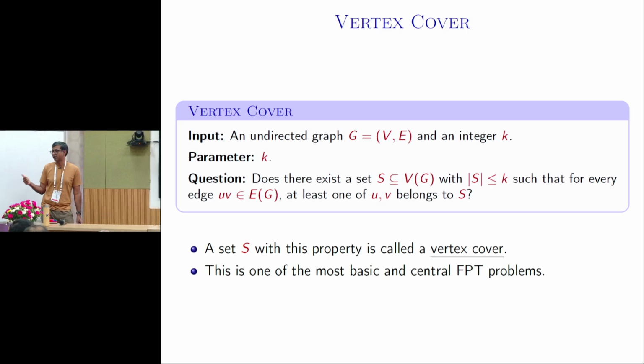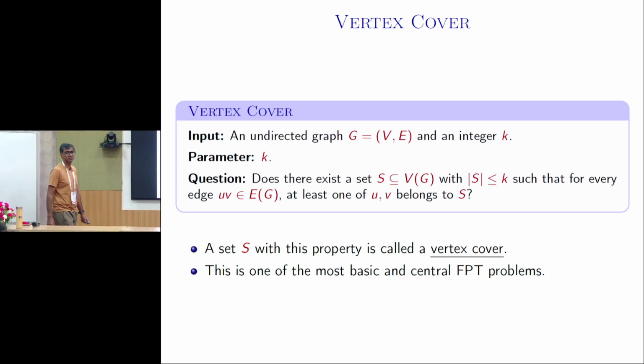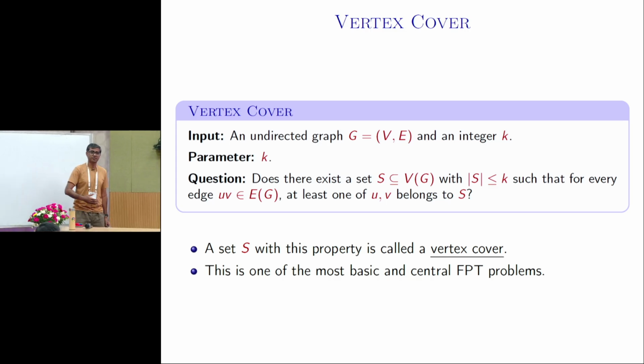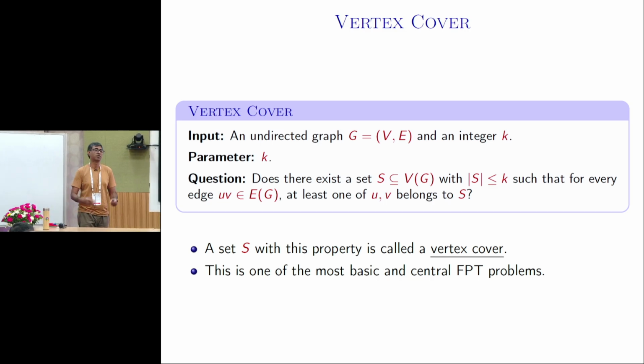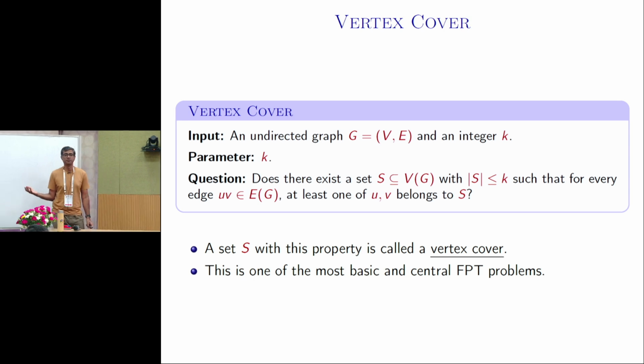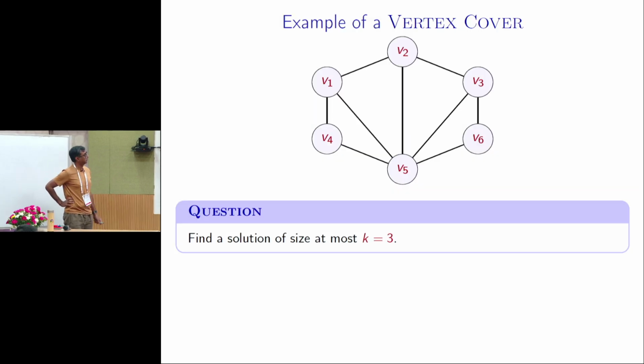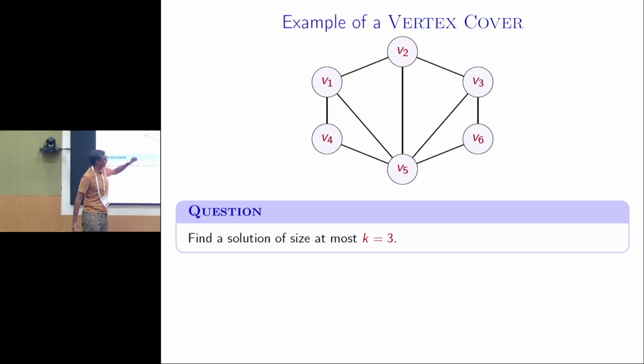You are given an undirected graph G and a natural number K, and you are asking: can I delete K vertices so that what is left is an independent set, or does not have any edge? Or in other words, I want to find a small set of vertices such that every edge at least intersects my selected vertices. For example, here's my graph and you want to find a vertex cover of size at most 3.